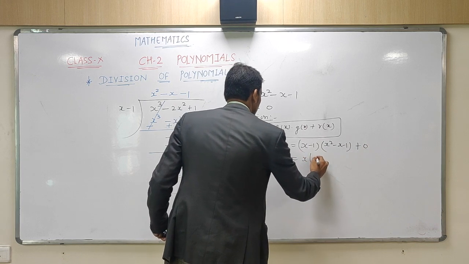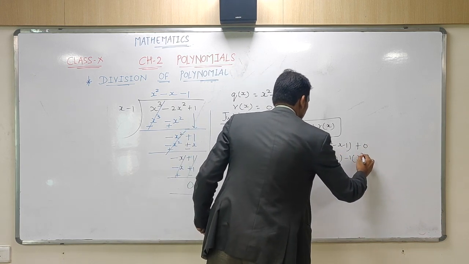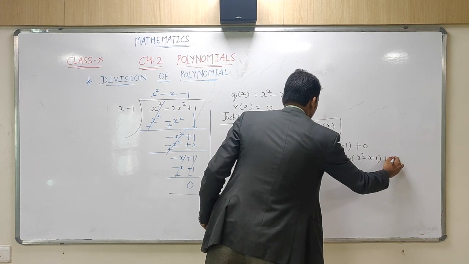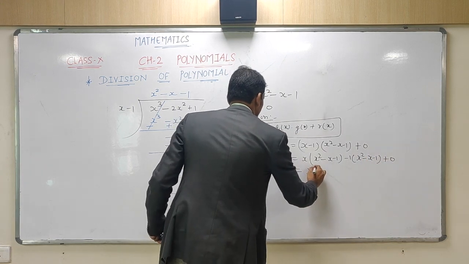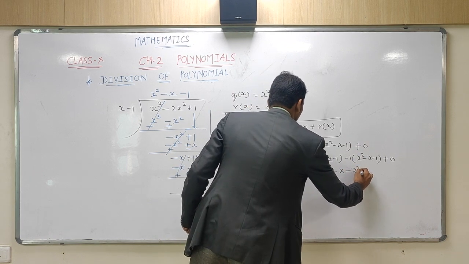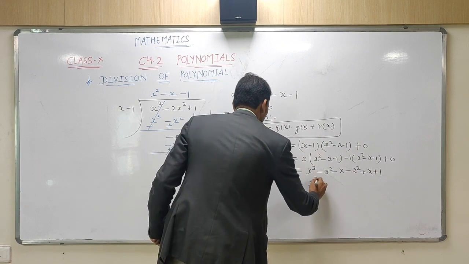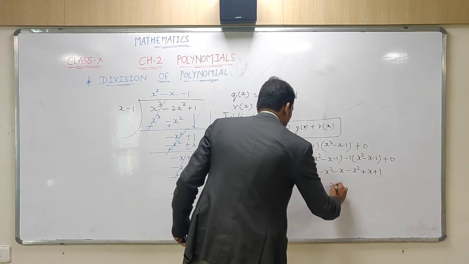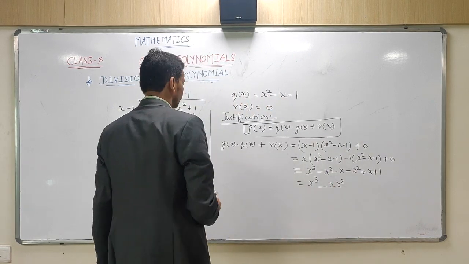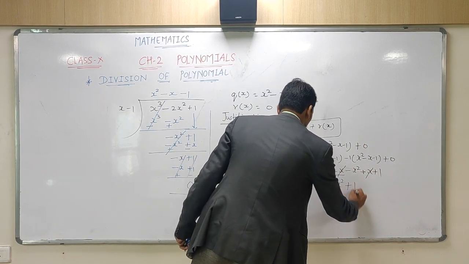So, x into (x square minus x minus 1) minus 1 into (x square minus x minus 1) plus 0. Multiply it: x cube minus x square minus x square plus x plus 1. Finally, x cube minus 2x square, x and x will be cancelled, and plus 1.